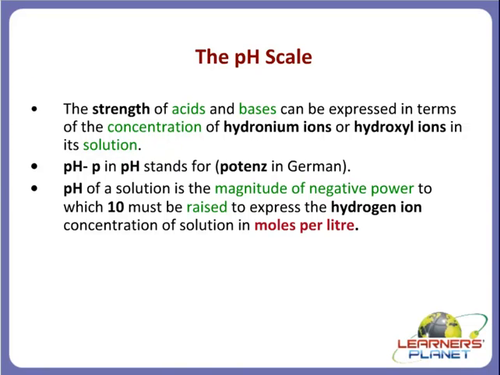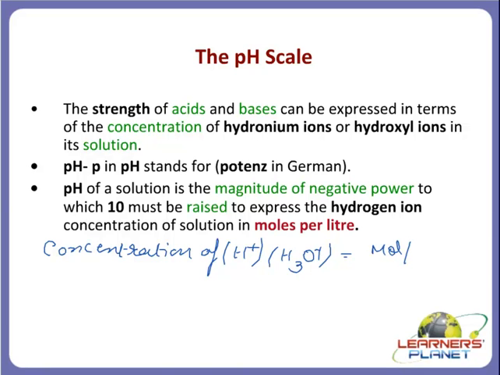Concentration means, say, the concentration of hydronium ions or H plus. It cannot exist alone, so it exists in water as H3O plus ions. It is given in moles per liter.